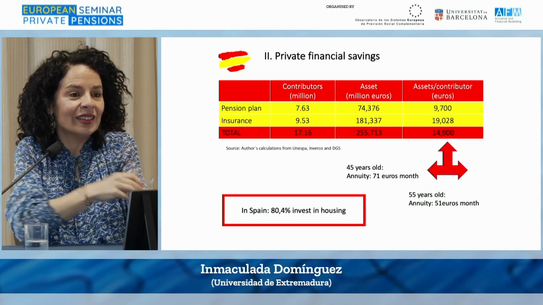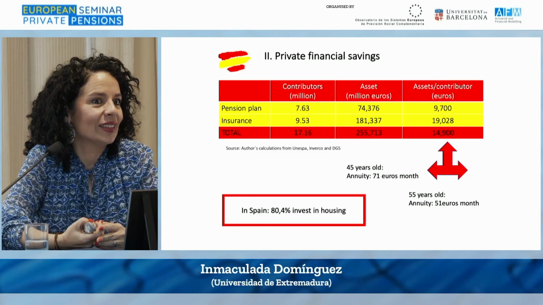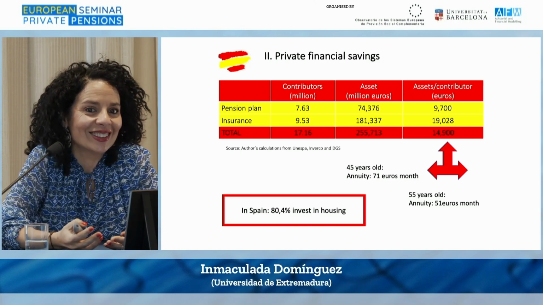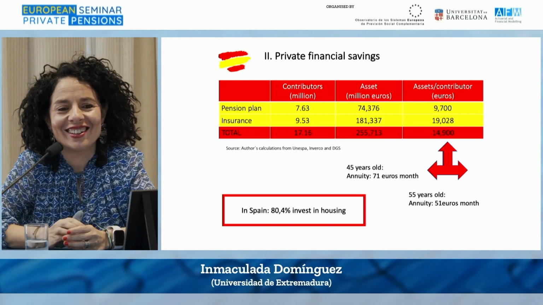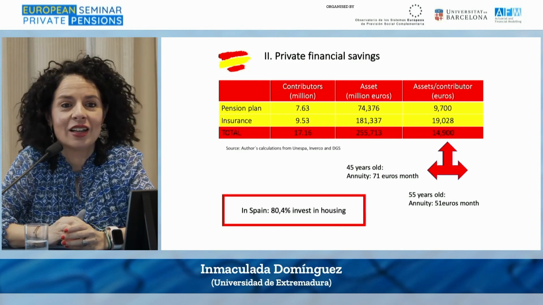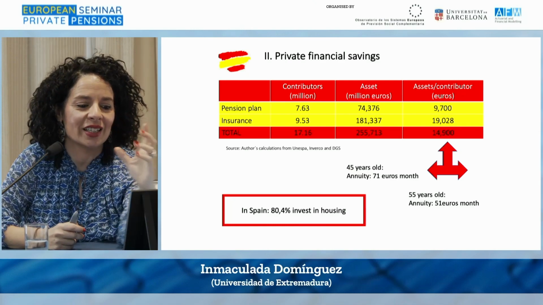But the feeling that you have with this is that it's nothing. And it's not logical, if in the public system you receive 1.74 for one, to invest one for one. It's funny, it's not reasonable.